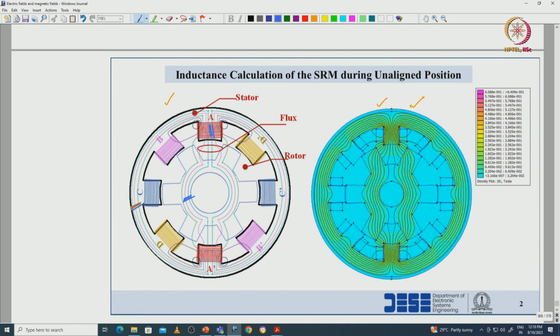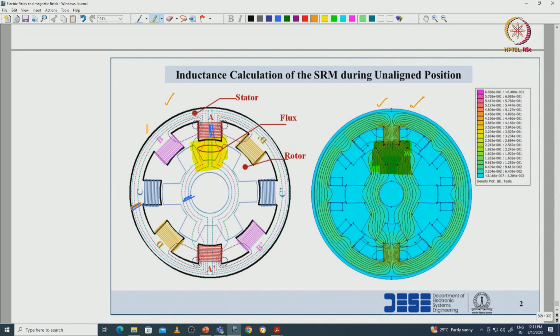In the air gap, in this region, the flux lines are considered similar to the flux lines flowing in the actual flux plot. The highlighted portion we can see here.